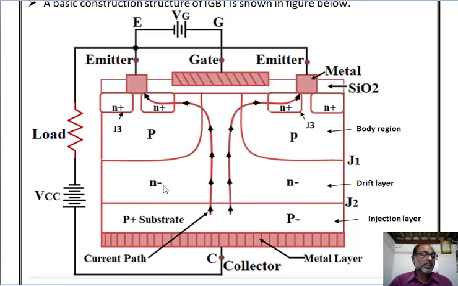Similarly, the P layer works as the collector of the PNP transistor and the base of the NPN transistor.